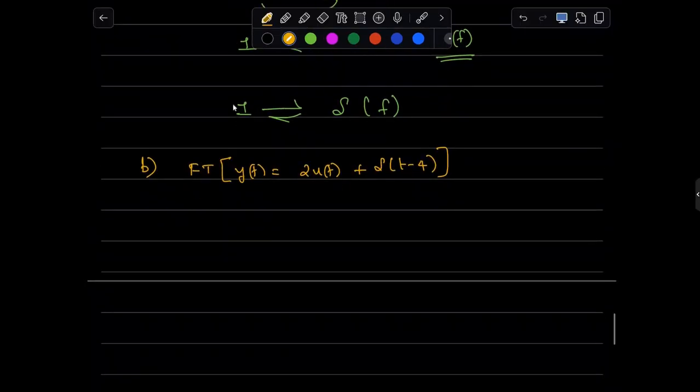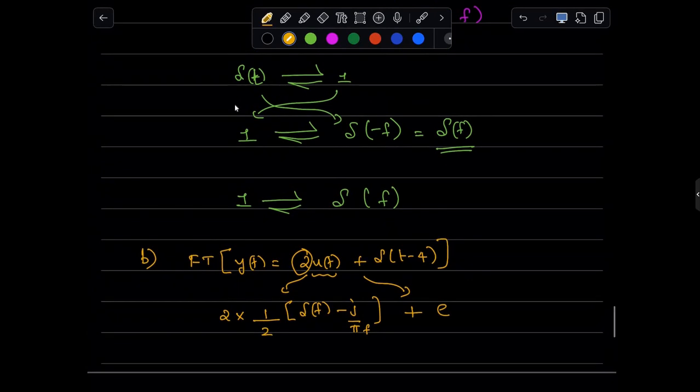You know u of t has the Fourier transform half of delta of f minus j over pi f, which we have already seen, but you have to multiply with 2. Then there is a plus sign, plus delta of t minus 4. Whenever there is a delay, the Fourier transform of delta of t, which is given, is 1.